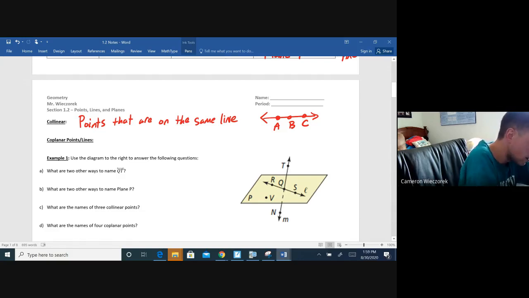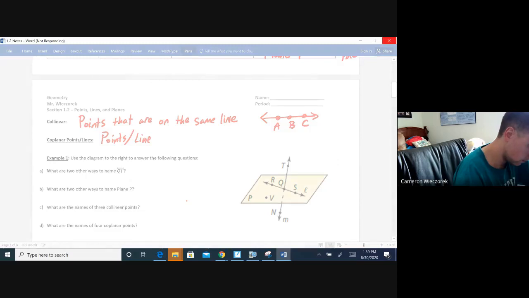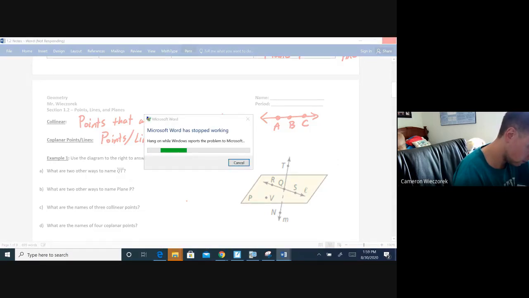Likewise, coplanar, this means points or lines. Uh-oh, my pen's not writing. That's not good. Technical difficulties.